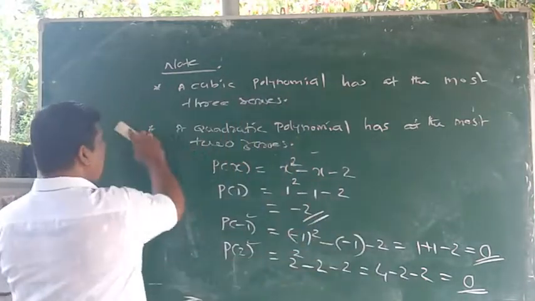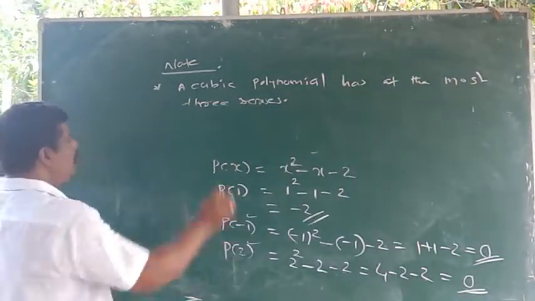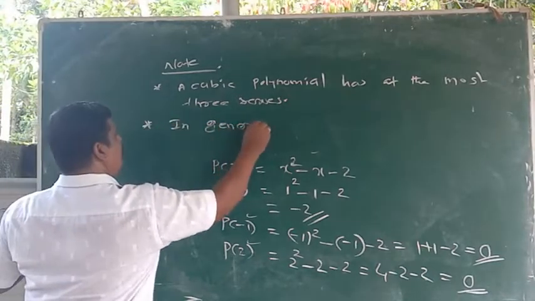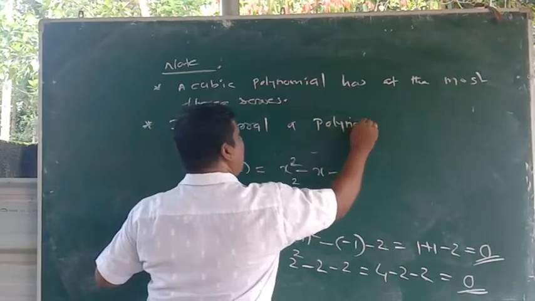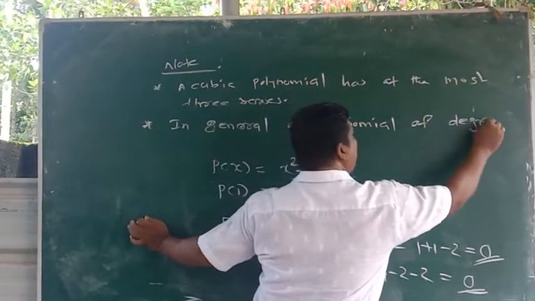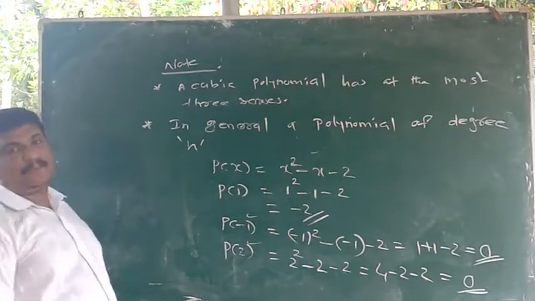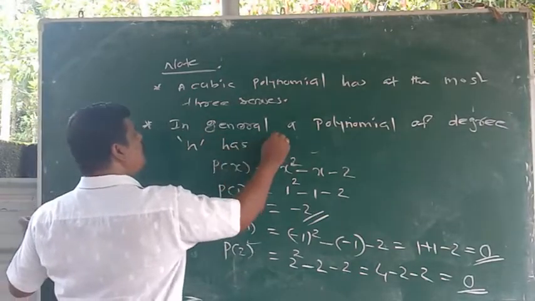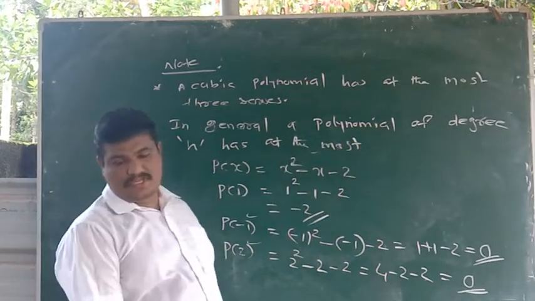In general, a polynomial of degree n has at most how many zeros?